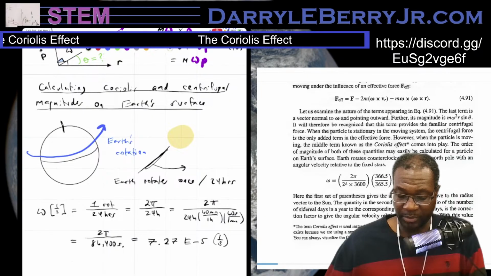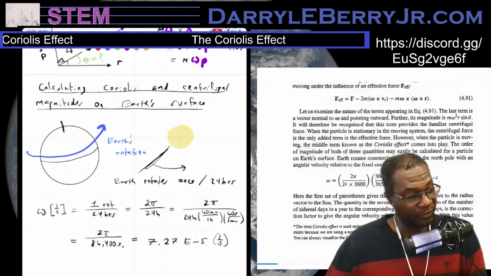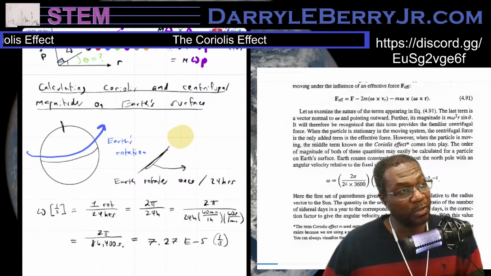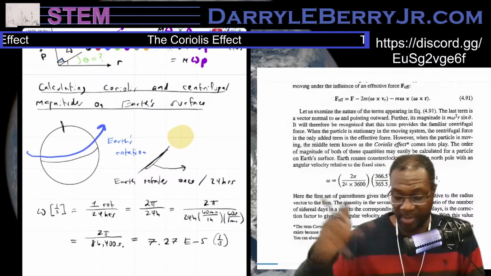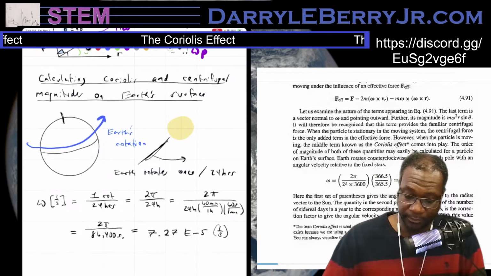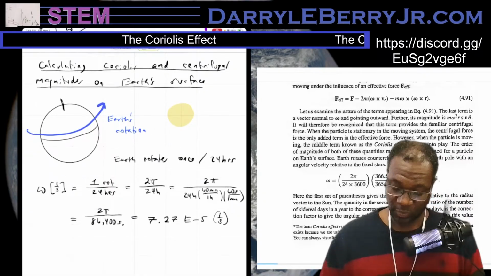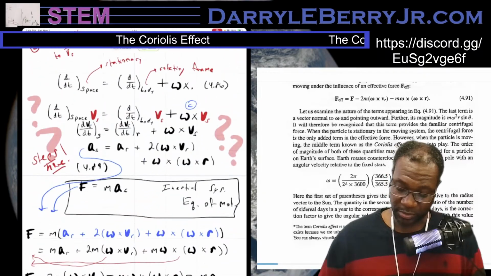So it has to turn a little bit more to compensate for that. So one rotation relative to the stars is a little bit more for it to be facing the same direction. Or it's a little bit less. But it doesn't really matter, it's just a very small correction. I'll just ignore the correction for now. Maybe I can ask about it, I'll make a note to ask about it just to be sure.